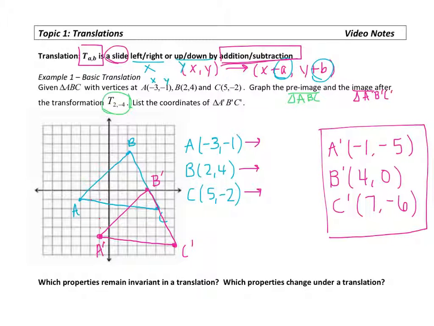So I'm going to take each x term and add 2, take each y term and subtract 4, because the rule, remember, was telling me to take x's and add 2, take y's and subtract 4.